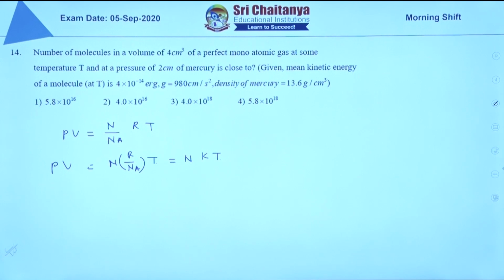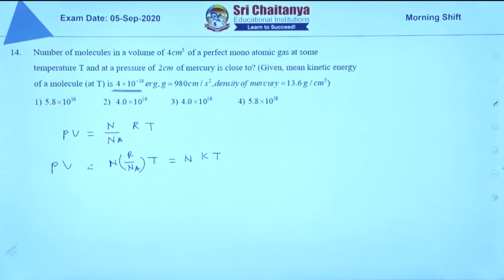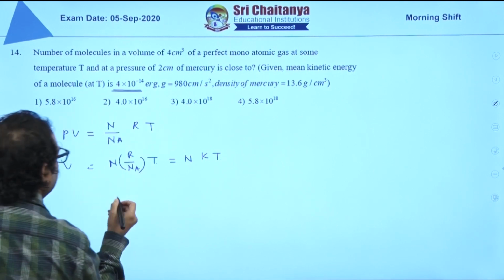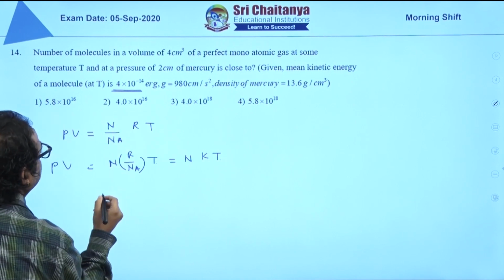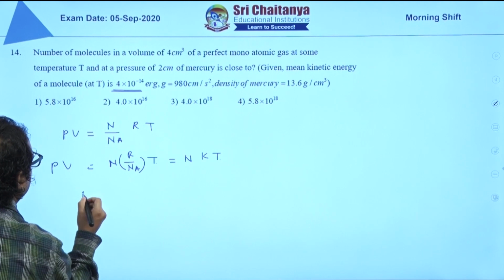But it is given that the average kinetic energy is 4 into 10 to the power minus 4. For a monoatomic gas, what is the formula? Let us say this is your E average.